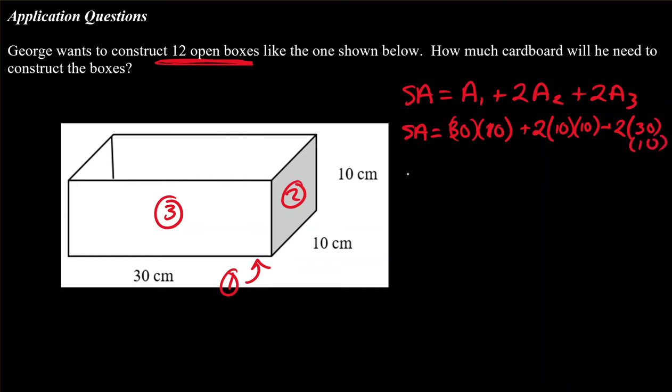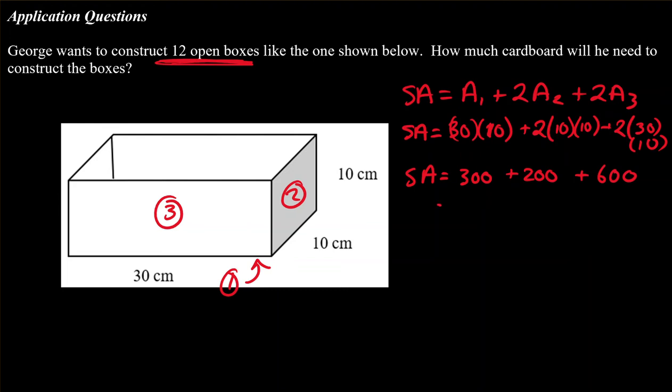Okay, no problem. So 30 by 10 is 300. 10 by 10 is 100 times 2 is 200. And 30 times 10 is 300 times 2 is 600.